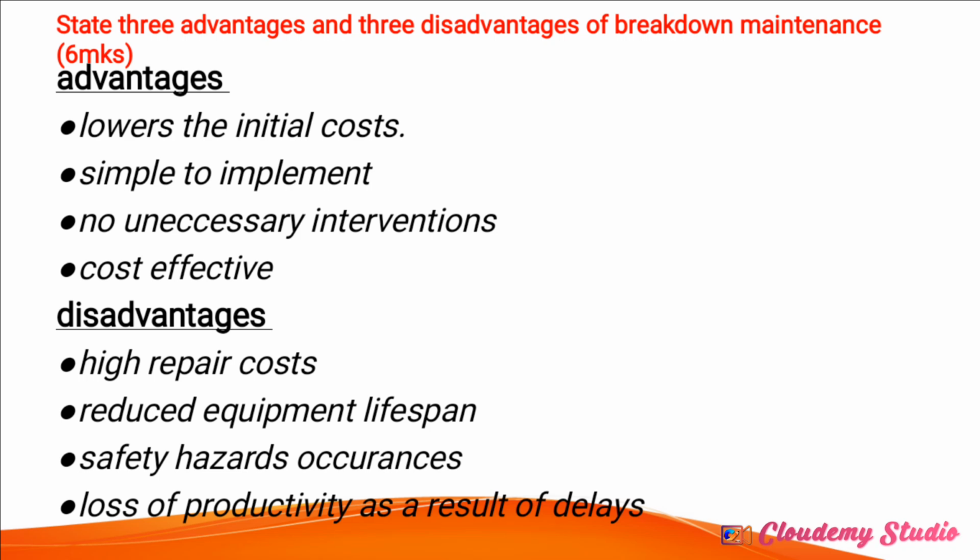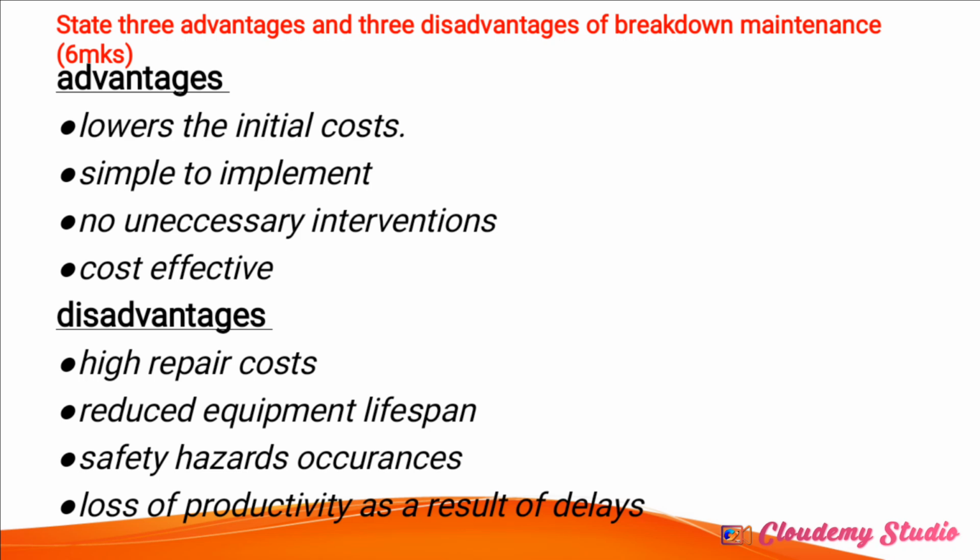You have seen these maintenance people when they are inside the machines. Maybe they have not informed the people from other departments that a certain maintenance is being performed. Someone goes, puts on the light, and someone gets electrocuted while performing a task. So safety hazard occurrences is also a disadvantage.